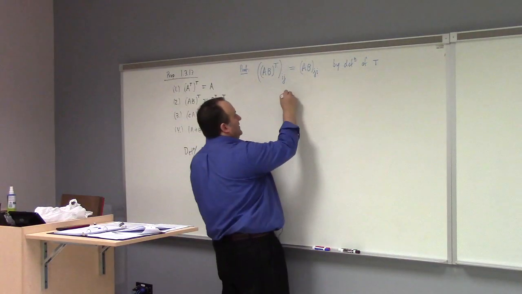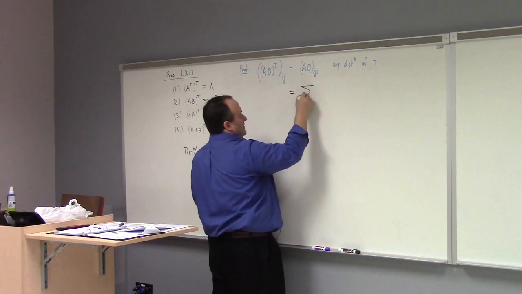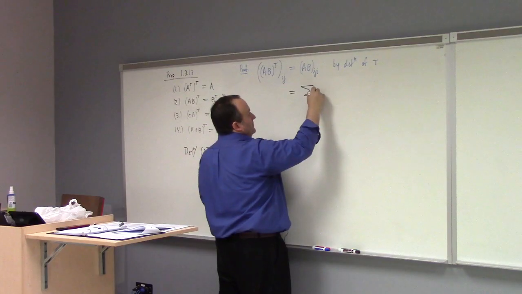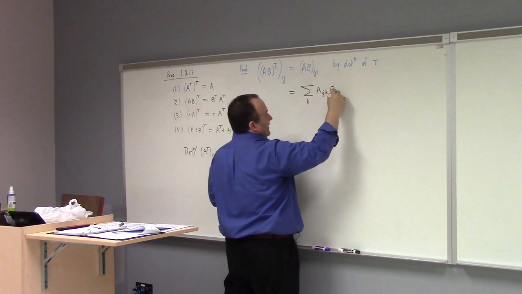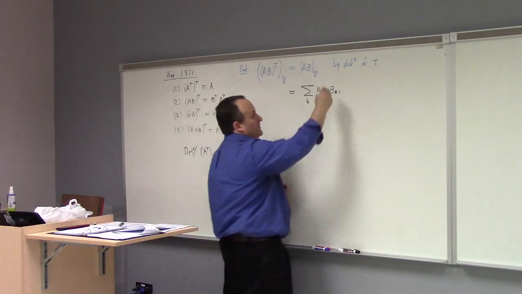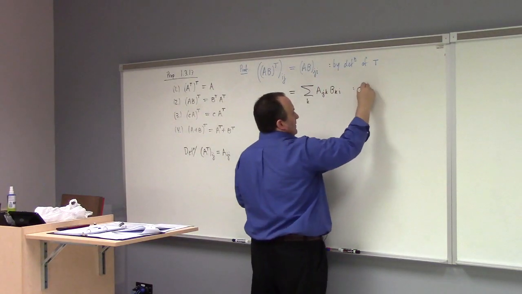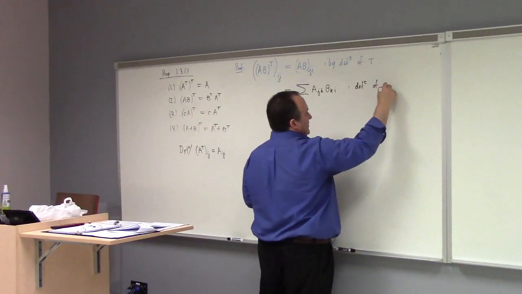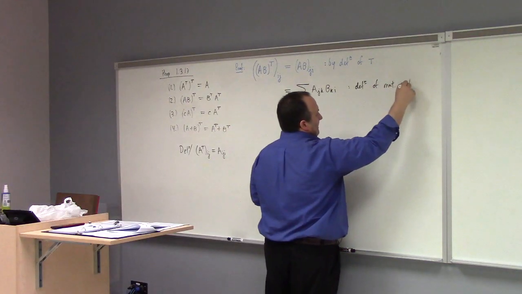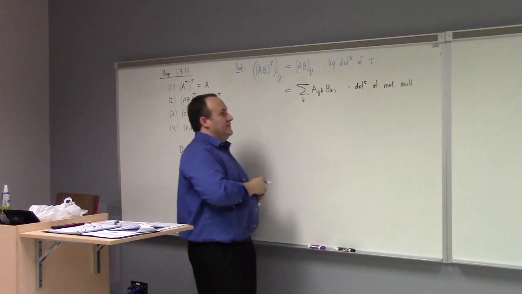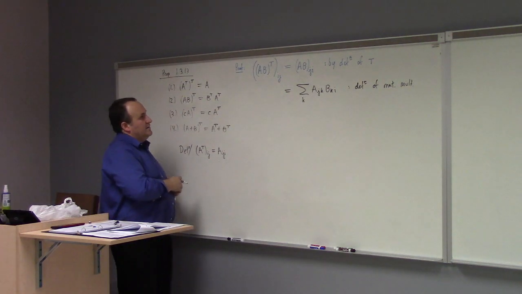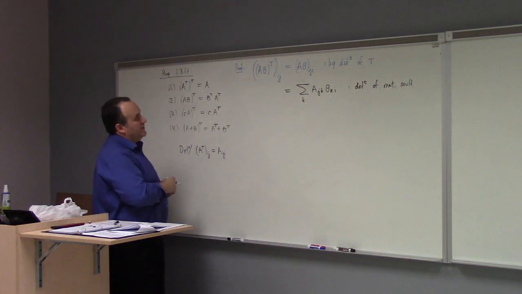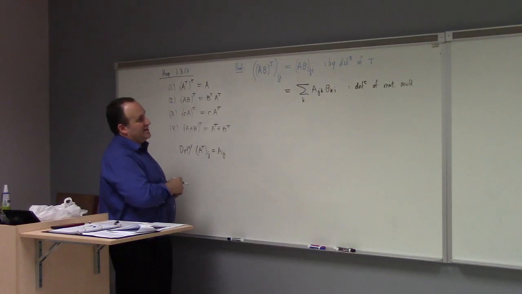And then, by definition of matrix multiplication, that's the sum over k of A_{jk} B_{ki}, right? So, definition of matrix multiplication. Now, I guess if I wanted to be a little bit more precise, and I probably should, what are we assuming about A and B here?